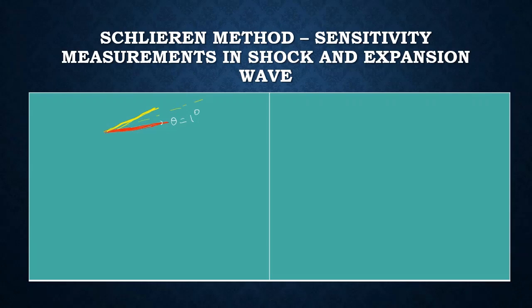This Mach wave has the angle mu and this oblique shock has the angle beta. So finally you are considering beta as well as mu. So beta minus mu is also around 1 degree. So theta is 1 degree and beta minus mu is also 1 degree.